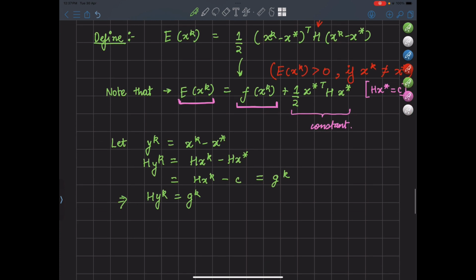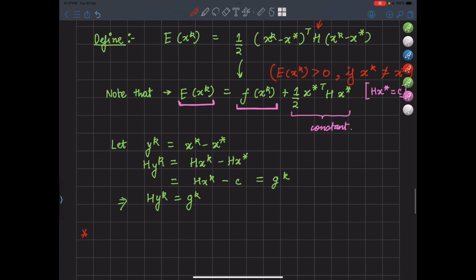Now we'll write the result that we discussed earlier, that minimization of f of x will be the same as minimization of E of x. Why? Because they differ only in the value of a constant.